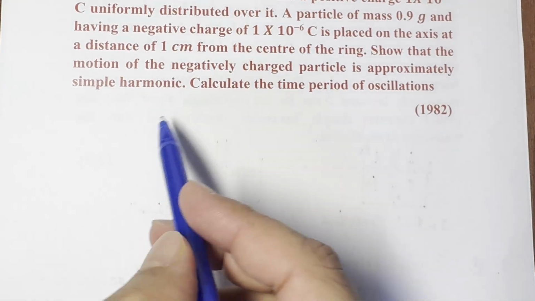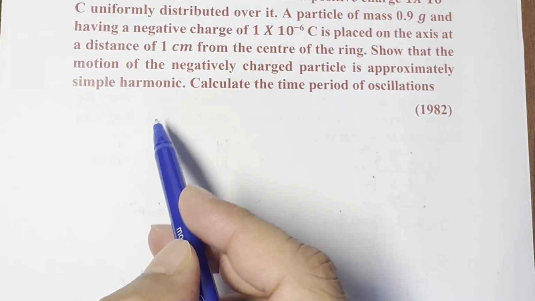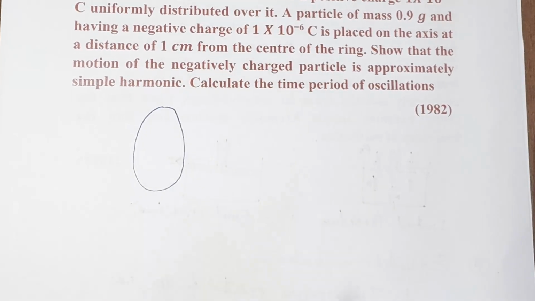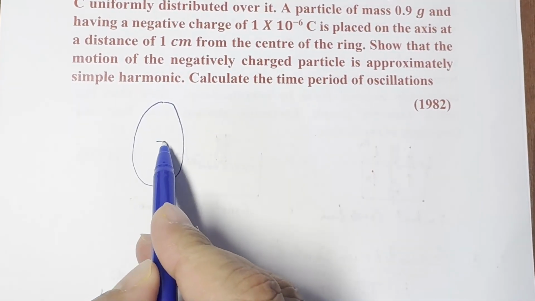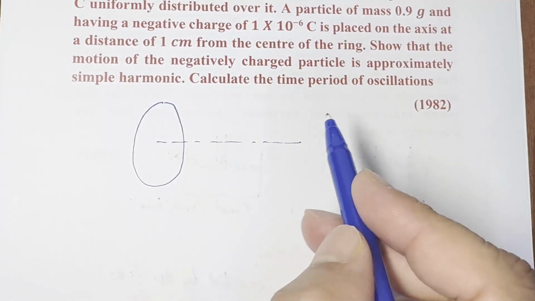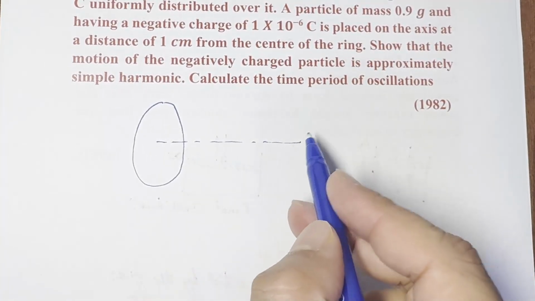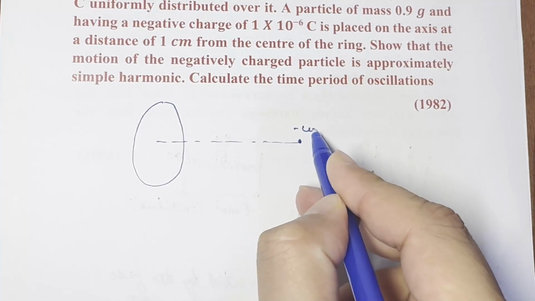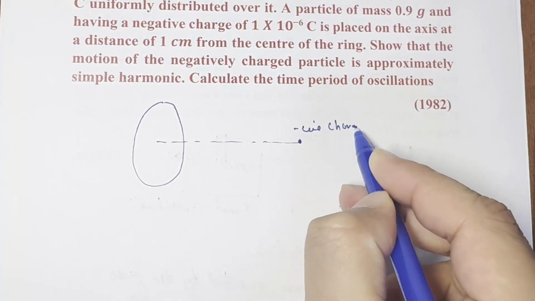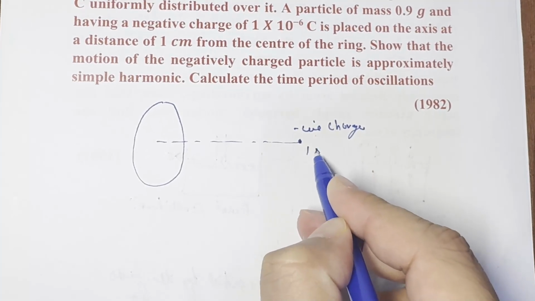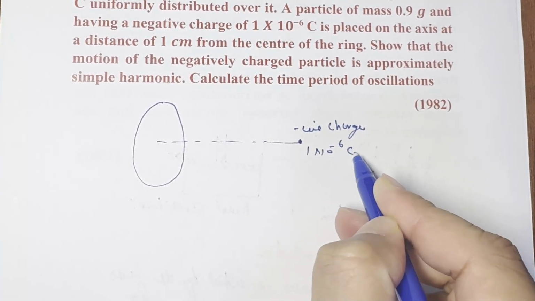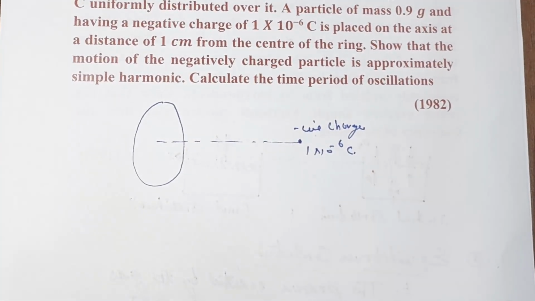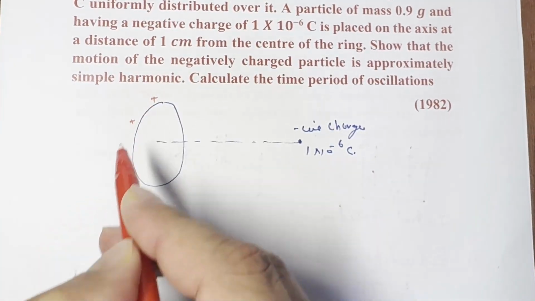So we are given that there is a ring which is something like this, and on the axis of the ring a negative charge is placed. So this is our negative charge and its value is given as 1 × 10^-6 coulomb, and on this ring a positive charge is uniformly distributed.